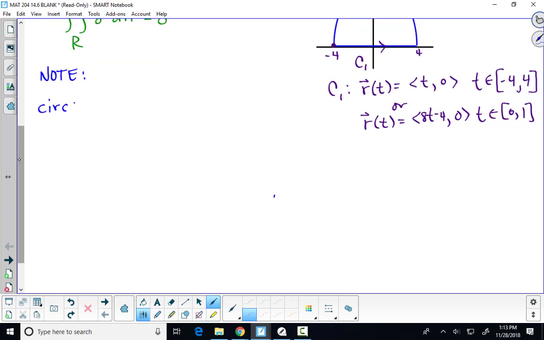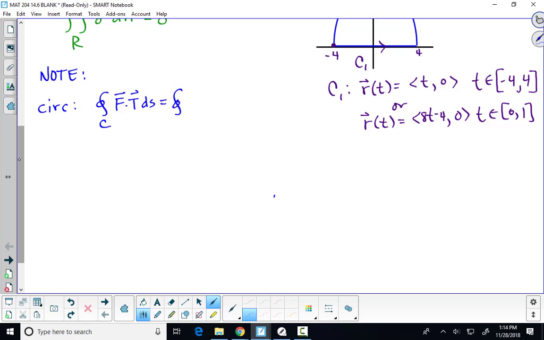So the circulation form is the integral of F. The book will write it F dot T ds, but we never evaluate it that way. We never find capital T, and we never parameterize according to s.